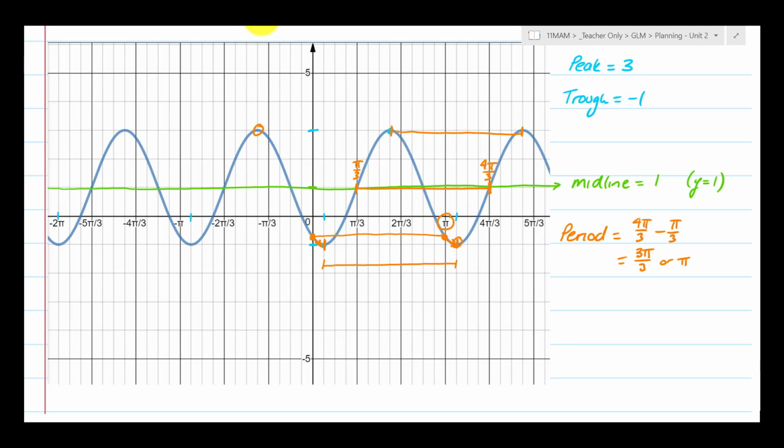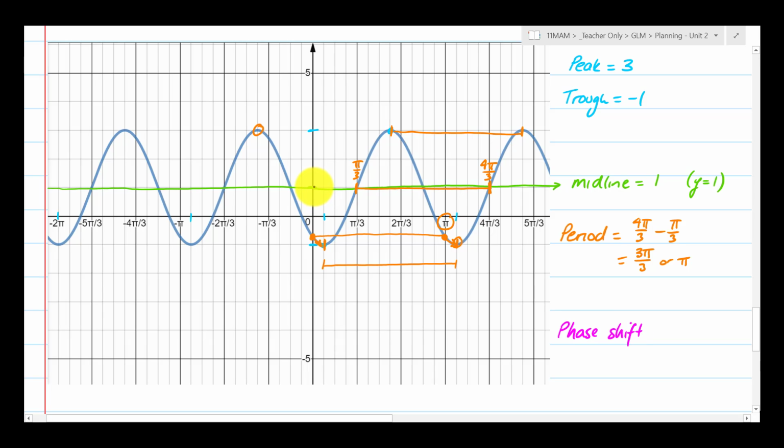The last important piece of information was the phase shift. We talked about the phase shift being how far the function had moved from its standard starting point. I'm going to talk about sine predominantly today, but there's a good reason why we'd probably actually use cosine more often, which we'll get into. I'll probably talk about it a bit more in class, but for now let's just model this with sine, and if we've got time in this video, we might come back and model it with cosine as well.